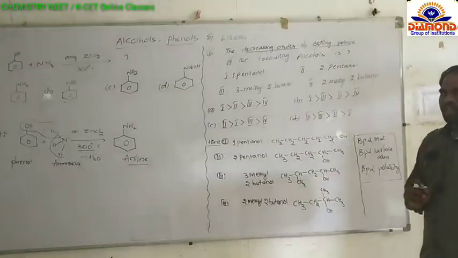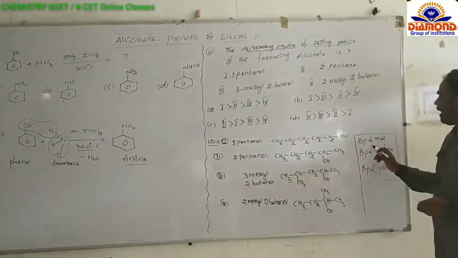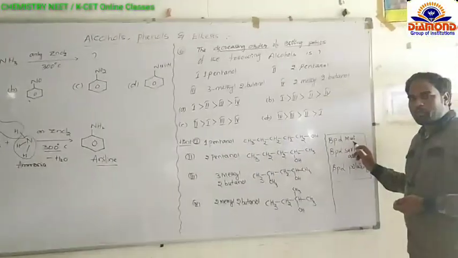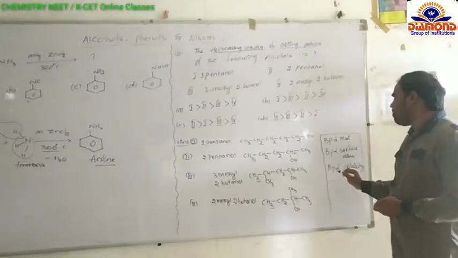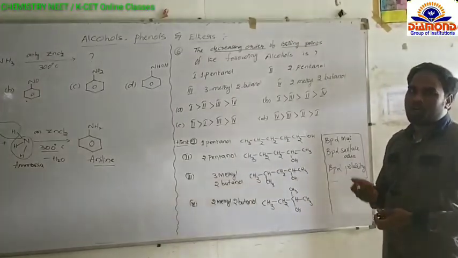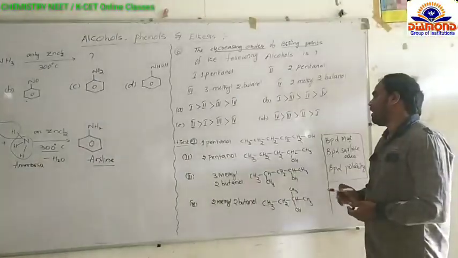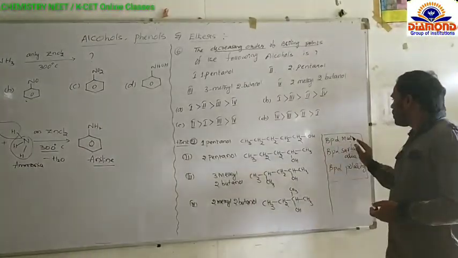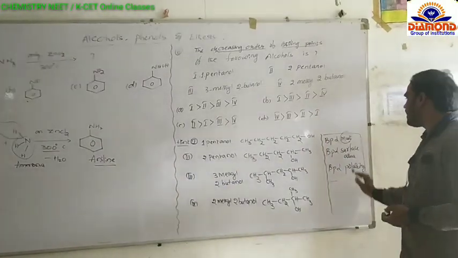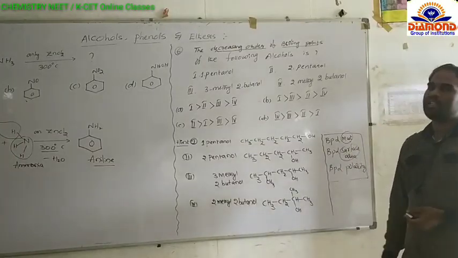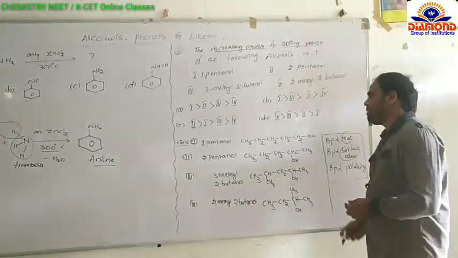See students, I have already told you boiling point is always directly proportional to molecular weight, directly proportional to surface area, and directly proportional to polarity and electronegativity. So that means, as the molecular weight increases, boiling point increases, and as the surface area increases, boiling point also increases.